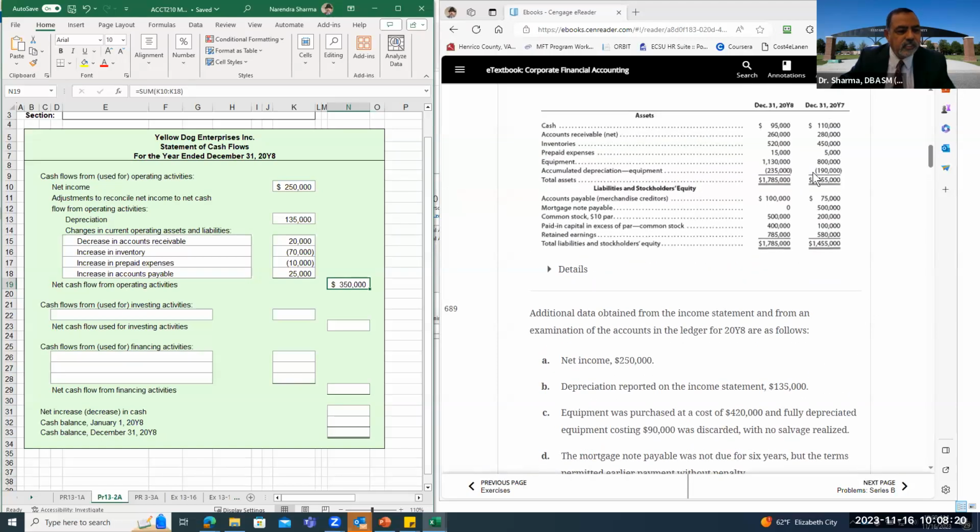Equipment has increased from 800,000 to 1,130,000.